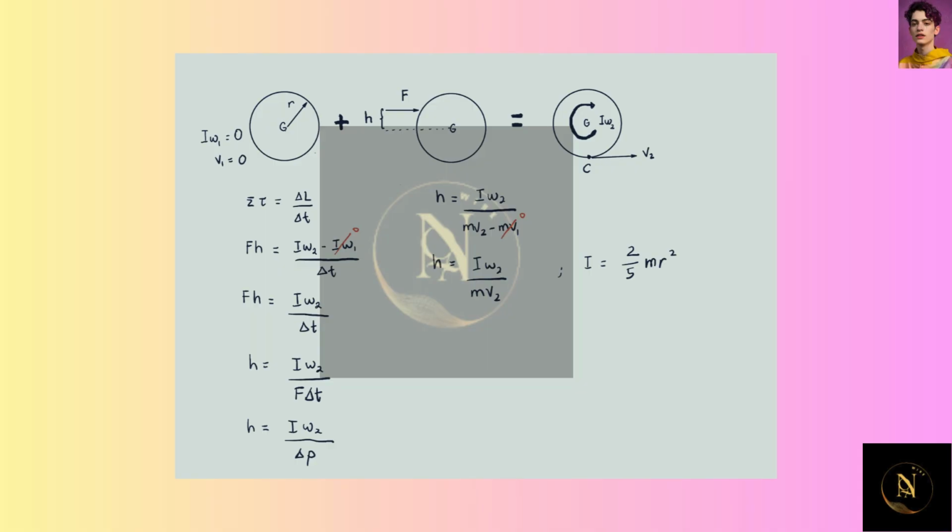And as we know, omega here is equal to the velocity at point C over the radius.